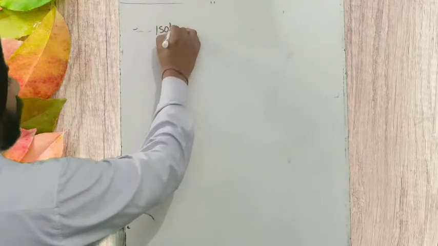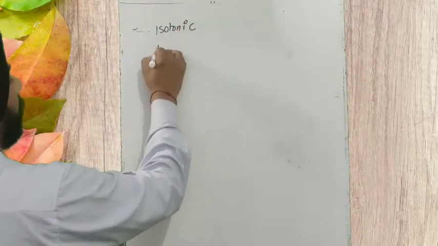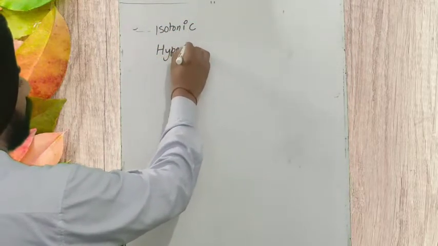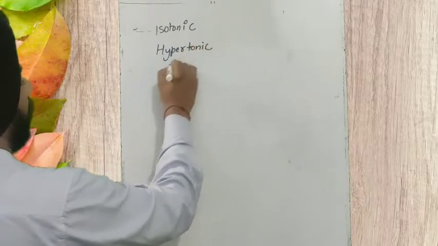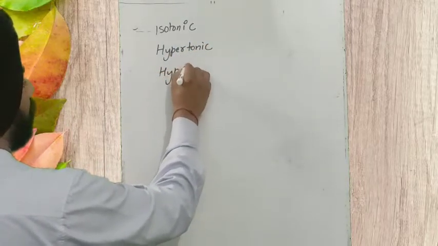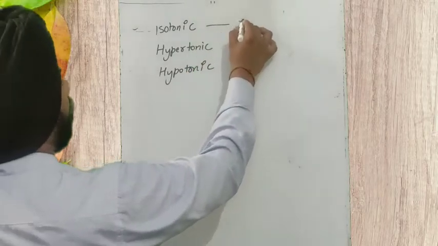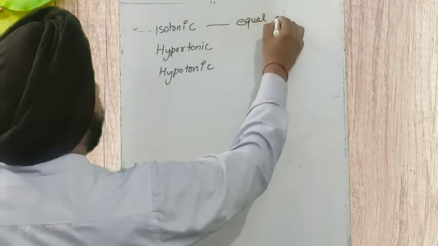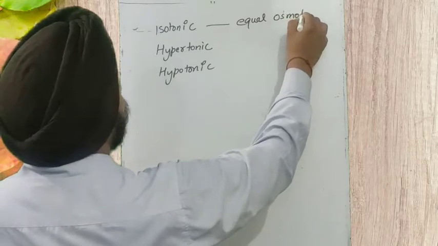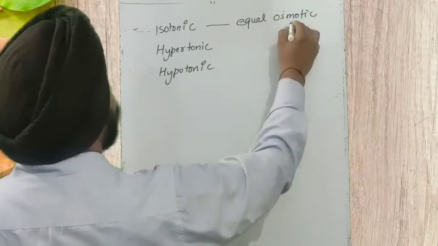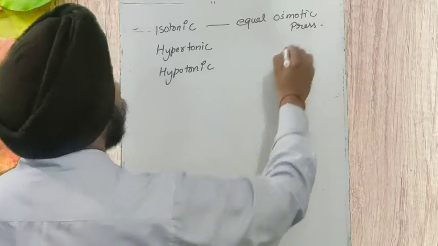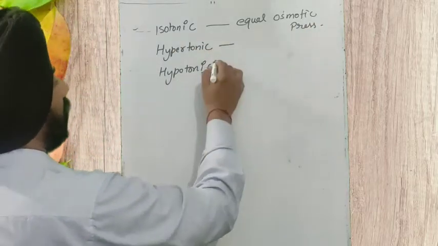There are three types: isotonic, hypertonic, and hypotonic. If two solutions have equal osmotic pressure, then they are called isotonic.